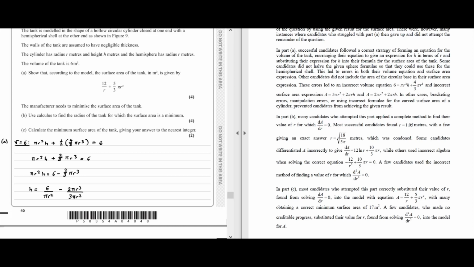Part C, we just had to substitute our r back into our A. A lot of people did that and they found the minimum surface area to be 17. A few candidates who made no credible progress substituted their value of r found from solving the second derivative equal to 0 for A. Remember, for a minimum we have to find the first derivative. We can verify whether something is a minimum or maximum by finding the second derivative, but there was no need for that.